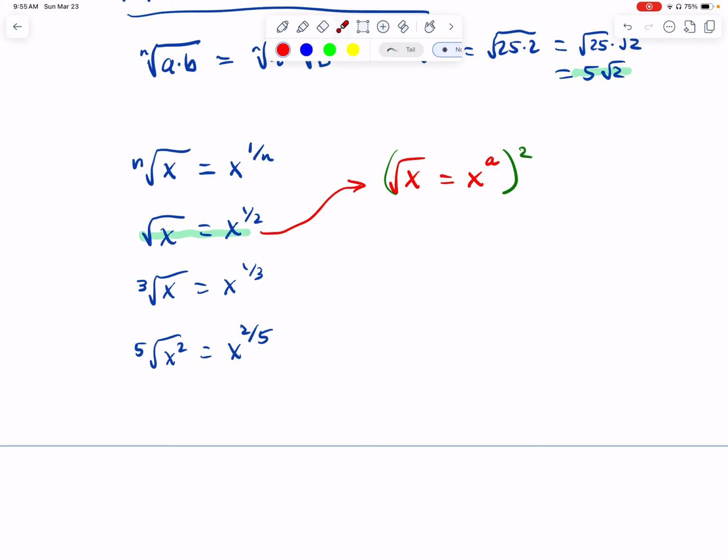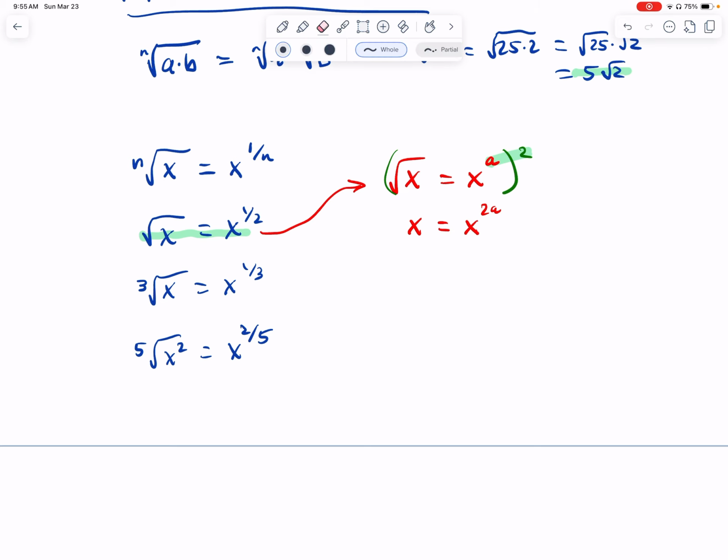On the left-hand side, when I square the square roots, they cancel out as inverses and I just get x back. Over here on the right-hand side, I have a power to a power, and remember, a power to a power, you multiply those two exponents together. So this is x to the 2a power. Notice that I have the same base. If I have the same base, that means my exponents must be the same in this equation.